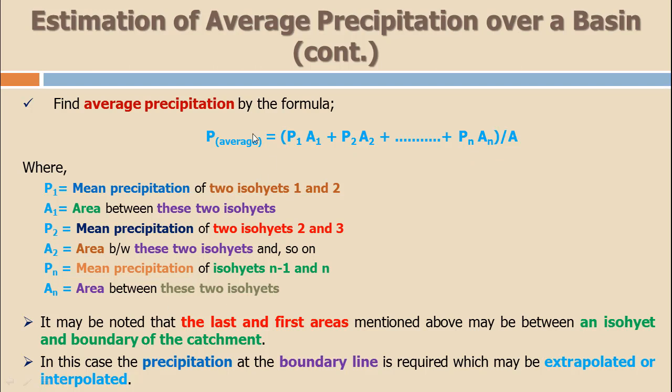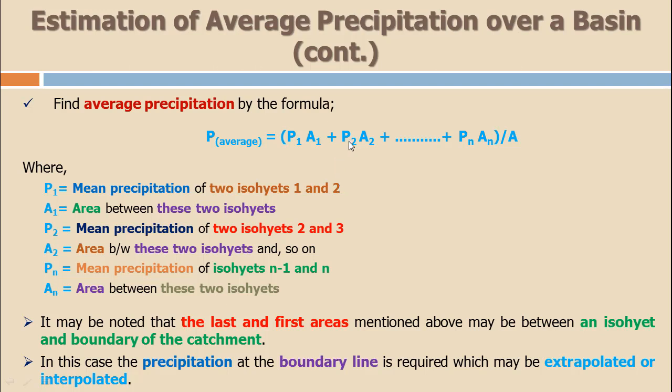In the Thiessen polygon method, by P1 we mean the precipitation of station 1, but in the Isohyetal method, by P1 we mean the mean precipitation of two isohyetes 1 and 2.